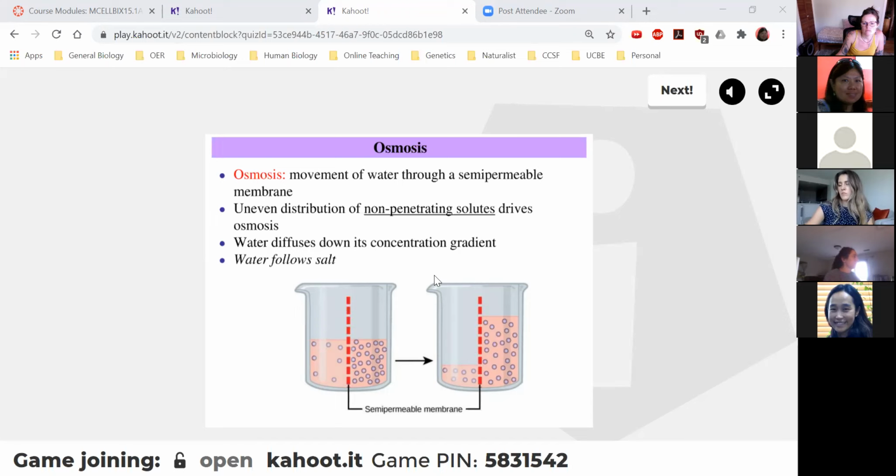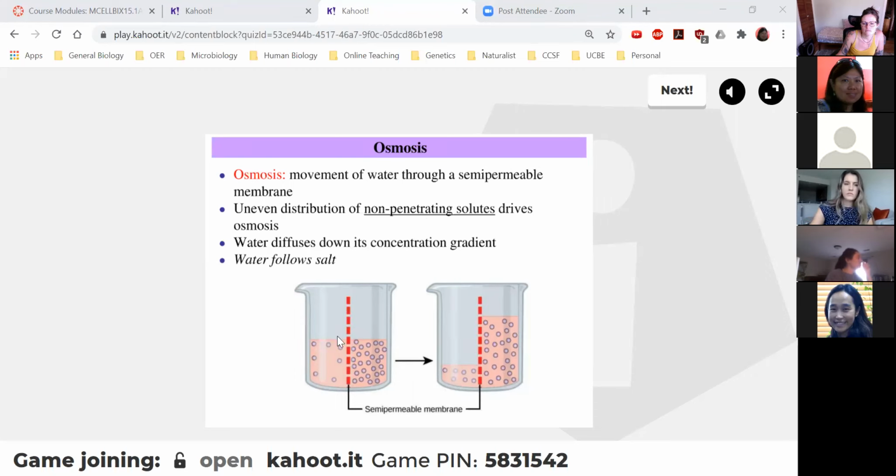But the part that does get confusing is this: we always talk about the solution from the solute point of view. When we talk about 10 molar sucrose, it's literally 10 molar sucrose dissolved in water, right? But when it comes to osmosis, it's easier to think about it from the water point of view.